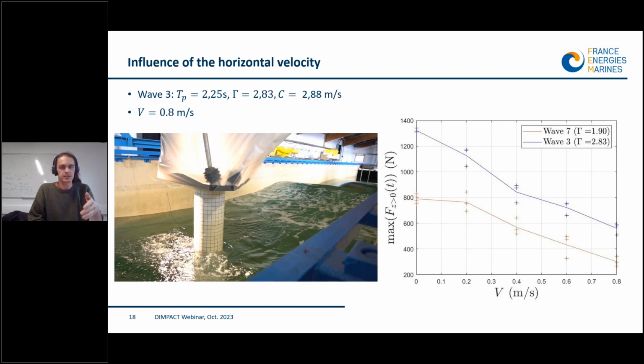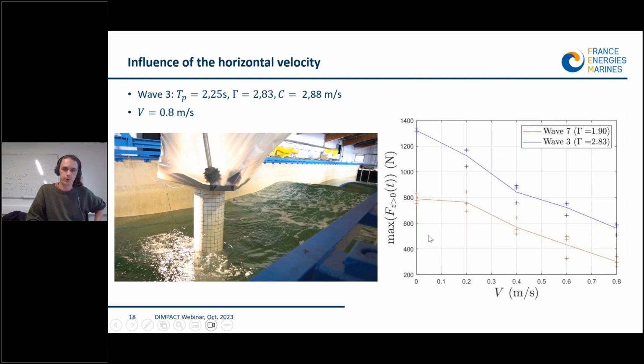So we limited the investigated cases to cases in which the cylinder is moving in the wave direction, and we varied the velocity of the mockup. This is the kind of curve we obtained for two different breaking cases.